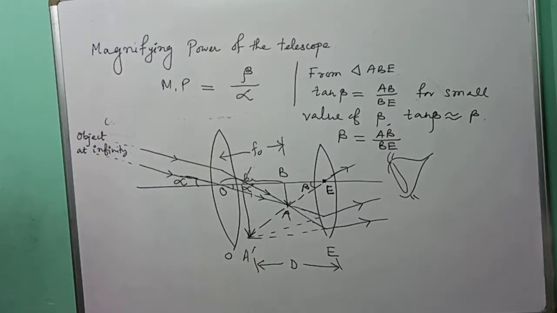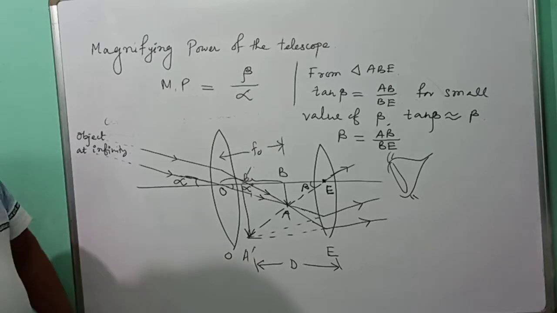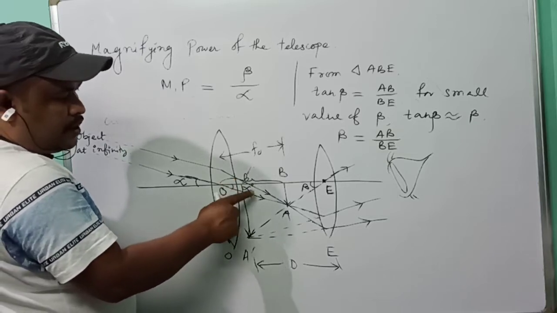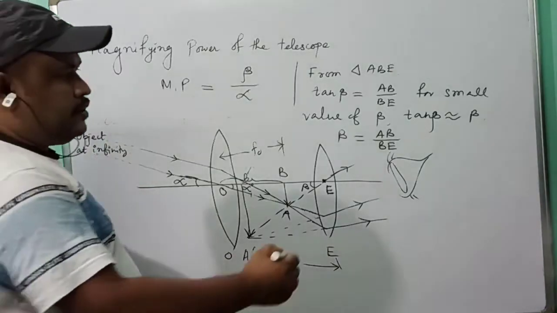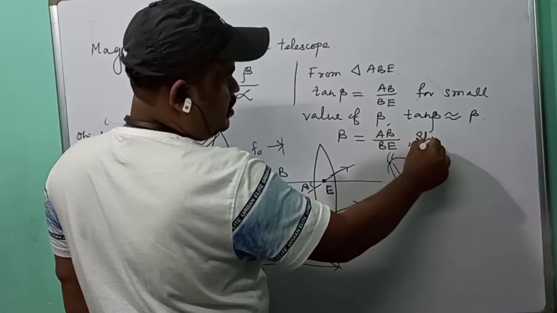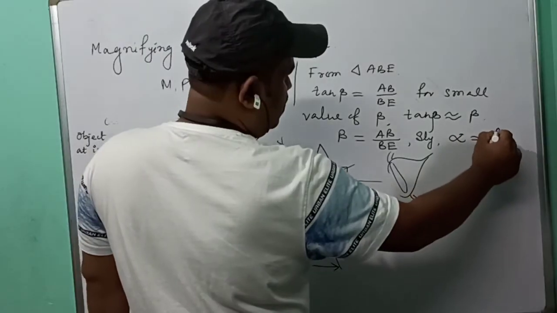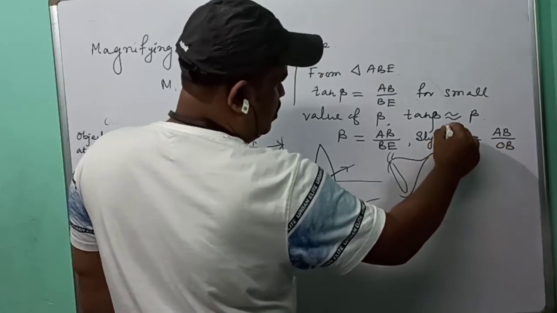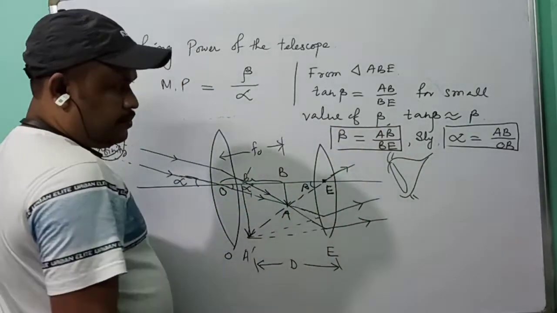Similarly, from triangle ABO, for a small value of alpha, alpha will be AB by OB.